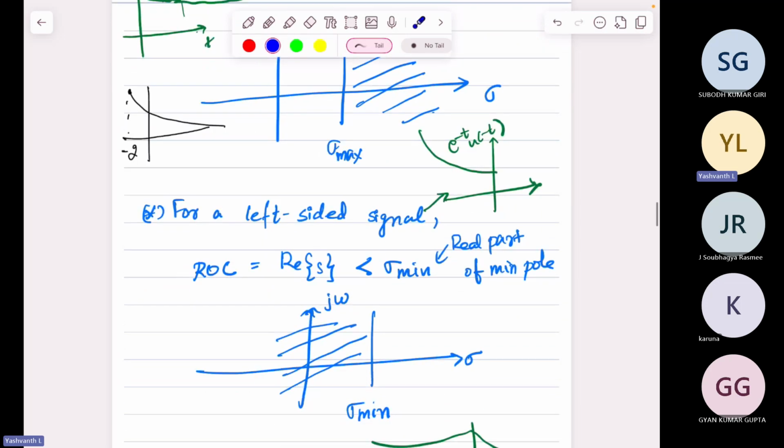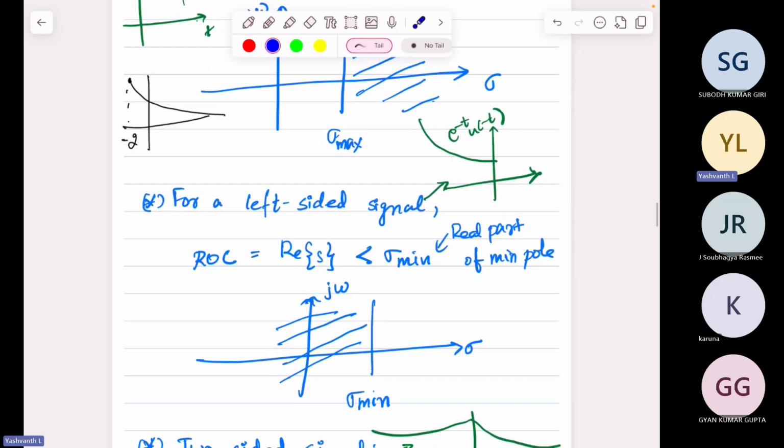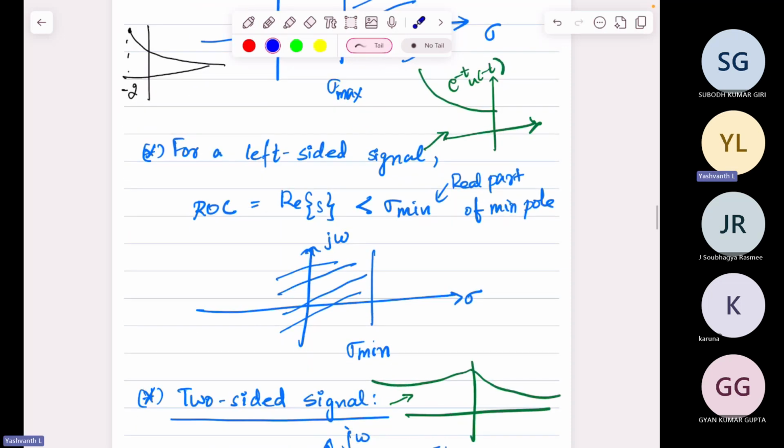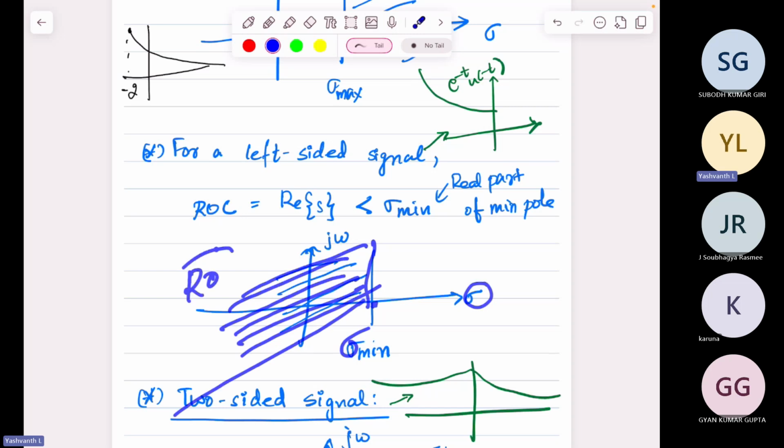For a left-sided signal, the ROC of the Laplace transform takes the form real part of s less than sigma min, where sigma min is the real part of the minimum pole. As an example, imagine the j omega axis with the sigma plane, and mark sigma min here. Everything to the left of sigma min will be the ROC.